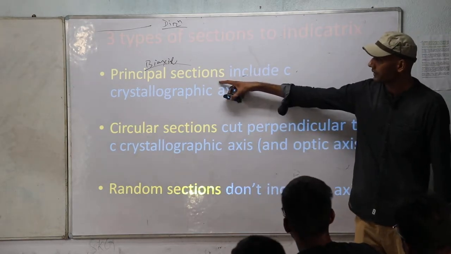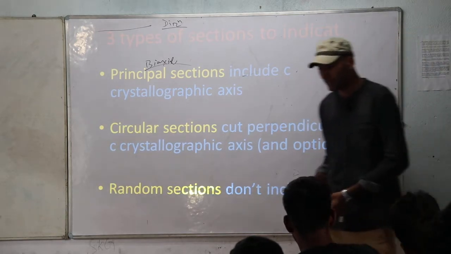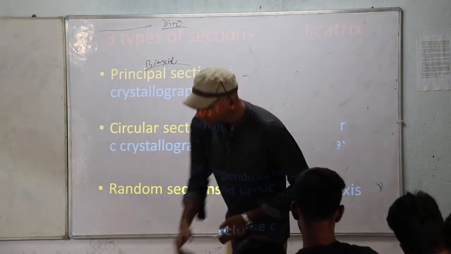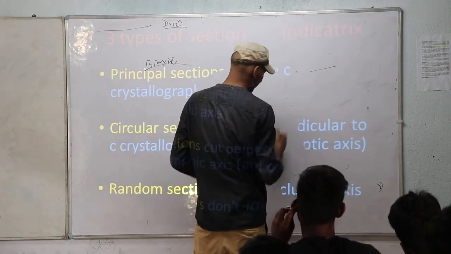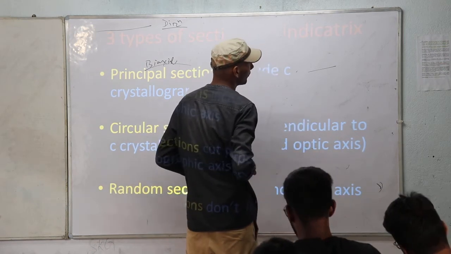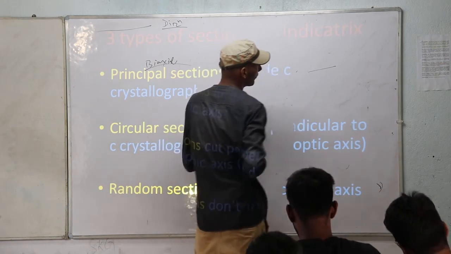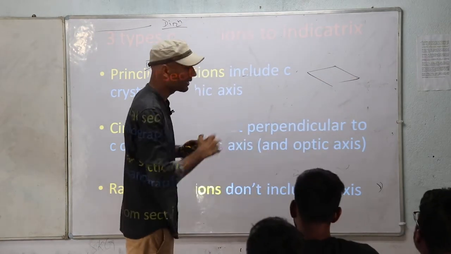What about principal section? That containing the C axis or optic axis is parallel to the stage. If this is the stage, the mineral is like that.